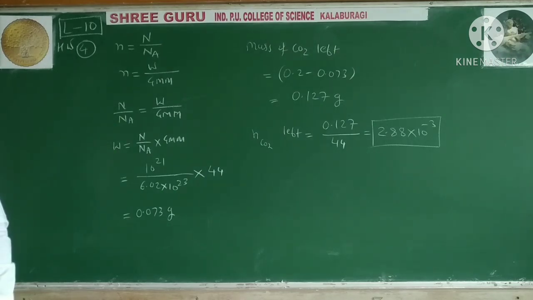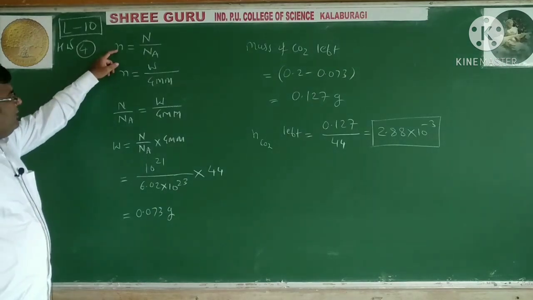So there is one sample of 200 milligram of carbon dioxide, and from that 10 raised to 21 molecules are taken out, and they are asking how many moles of CO2 are left out.